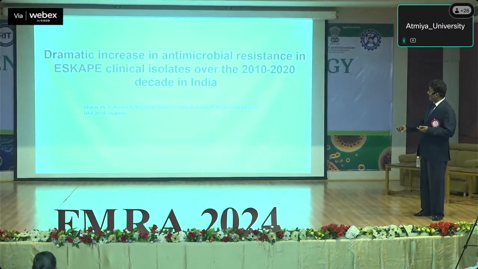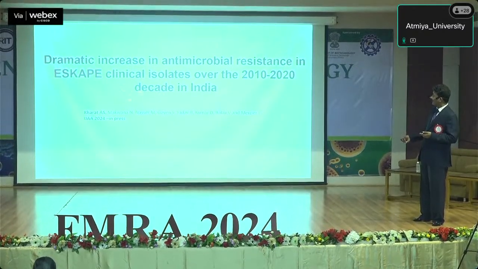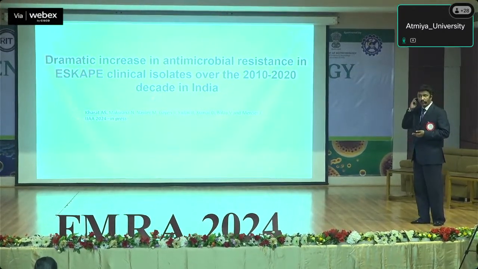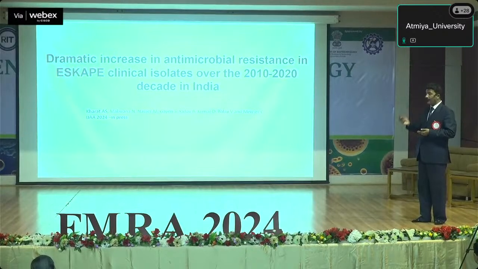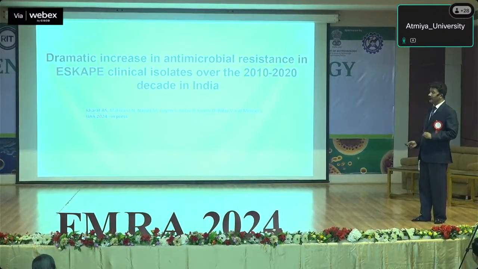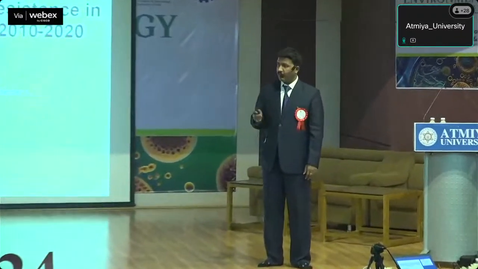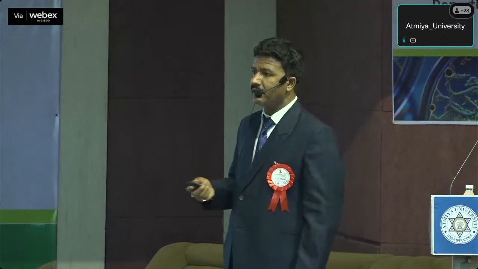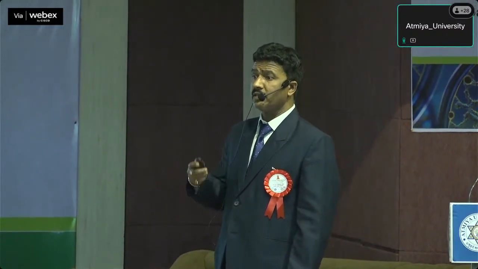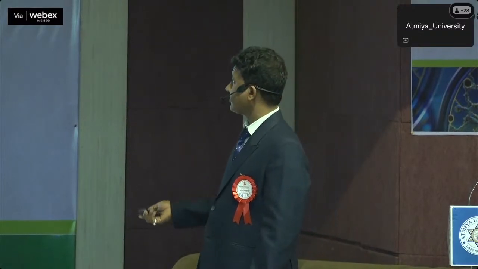So recently we have an article that is supposed to be coming up very soon in the International Journal of Antimicrobial Agents. Here we have studied 10 years of data from India, from the 5 different regions: North, South, West, Central, and Northeast. The analysis was carried out on how bad the drug resistance has become during 2000 to 2015 and 2016 to 2020.